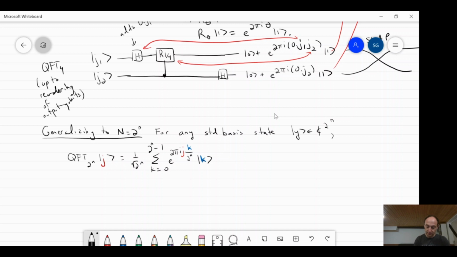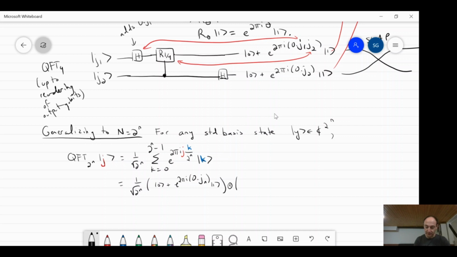And you could break this up into a product representation again, like this, 1/√2 to the n. And now we have 0 plus e to the 2 pi i, and just like before, 0.jn, so the nth most significant bit first.